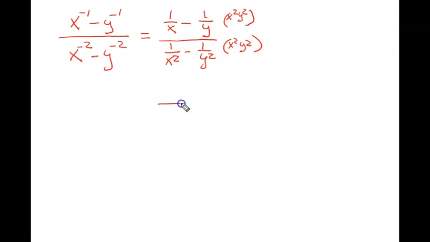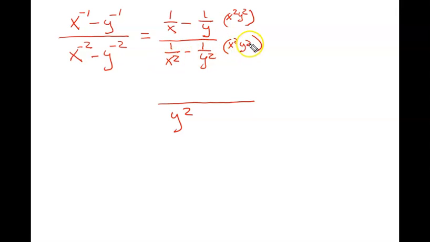Let's put it down here. Let's do our denominator first. So here, as I multiply this term by this common factor here, least common denominator, the x to the seconds cancel out here, and this becomes y to the second.